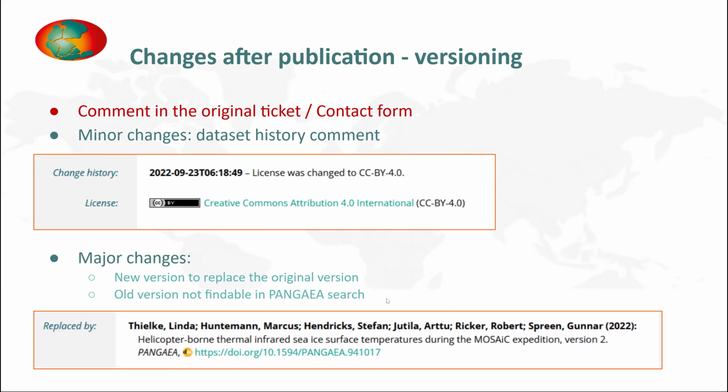It just won't be so obviously visible and findable. But for example, if this older version was already related to some published research somewhere and somebody knows the DOI exactly, they'll be taken to the old version of the dataset and they will find the information that this dataset was replaced by a new version.